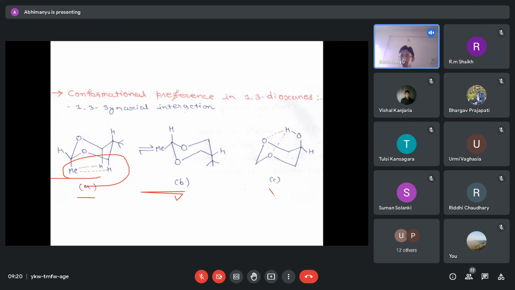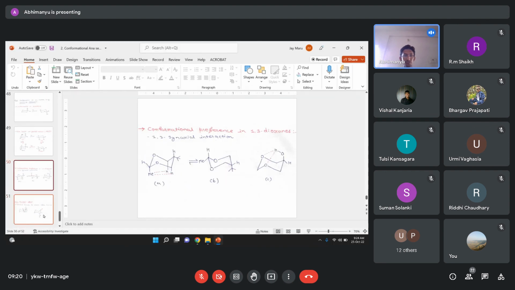But in case of C, axial OH is highly stable. Why? Due to H bond. When an H bond forms and an oxygen heteroatom is present in the ring, axial OH is highly stable. So we can understand the different conformations by using these slides.